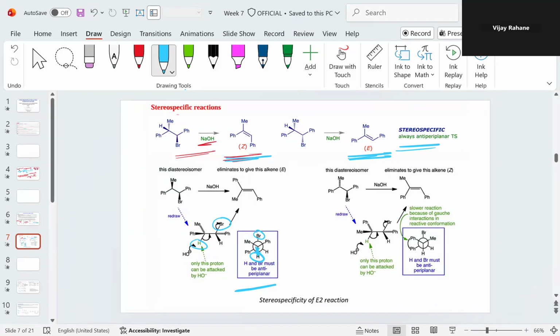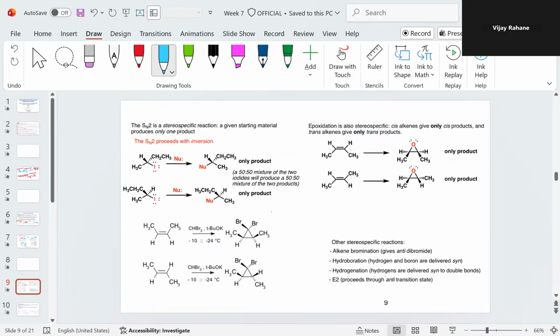In this elimination, the proton abstraction takes place followed by the Br elimination. This leads to the formation of the Z product, and the opposite happens when the Br is directing downward. So these are the stereospecific reactions.